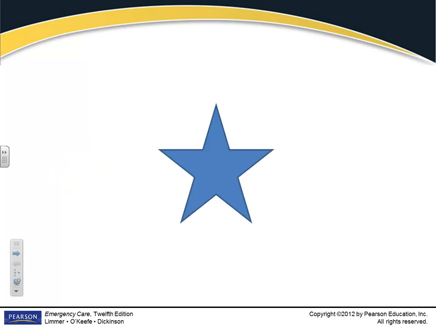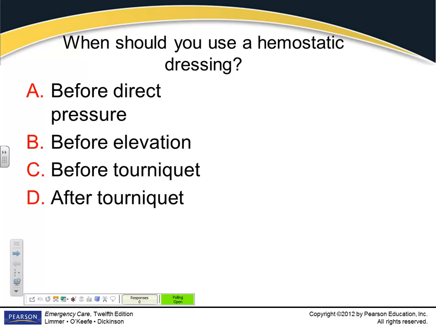Okay, y'all ready? All right. When should you use a hemostatic dressing? It was in your book. Did y'all talk about hemostatic dressings and bleeding shock last week? Okay, only half of you have voted. You're cracking here.